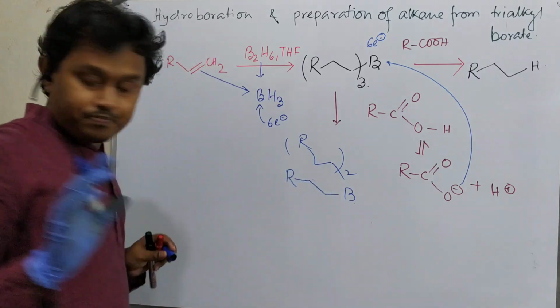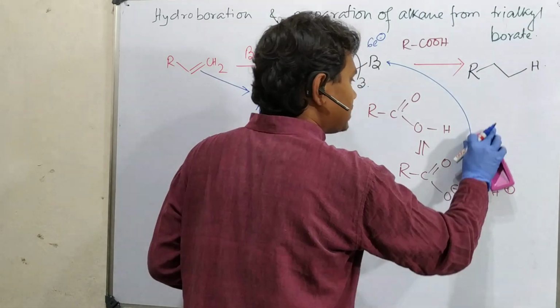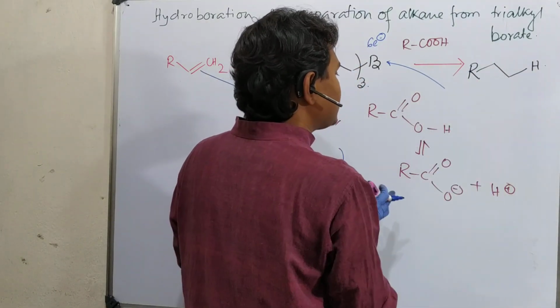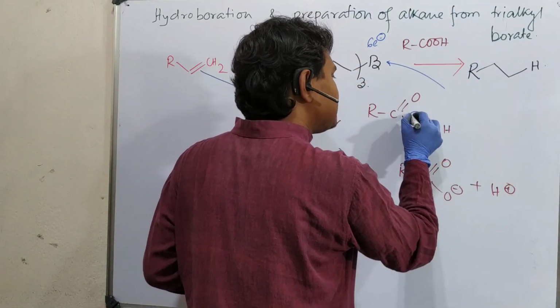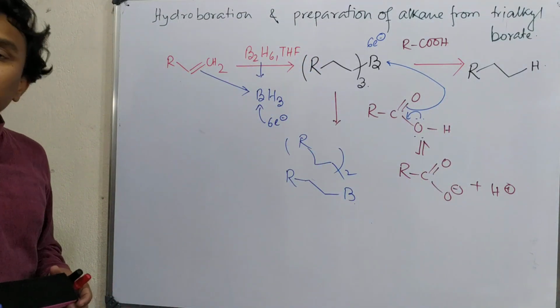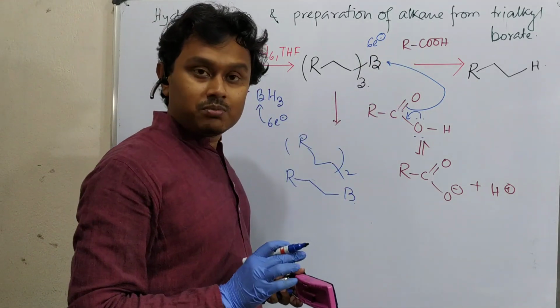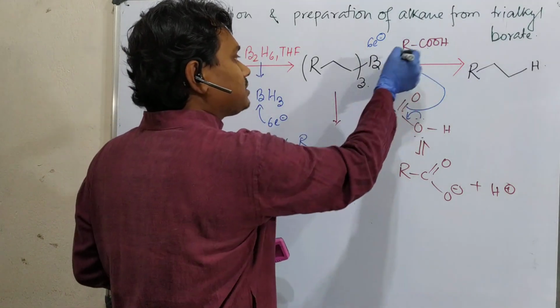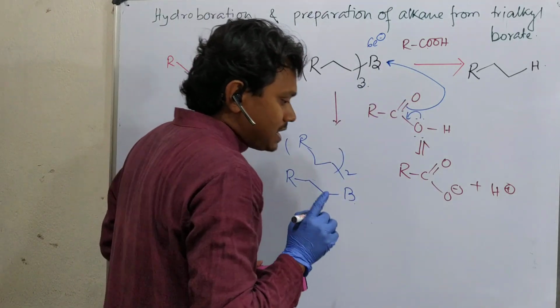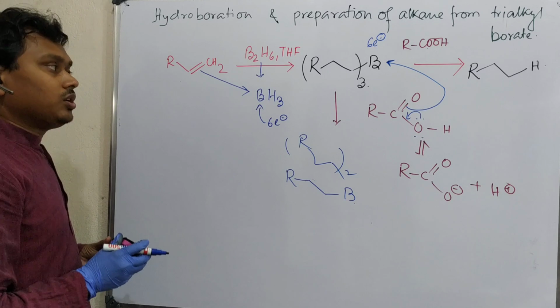Sorry, by the way, actually this will not coordinate. I made a mistake. Rather this will coordinate, because see, the medium is not protic. Means no aqueous medium. It is not a protic medium, not water. So that's why this carboxylic acid will directly coordinate.